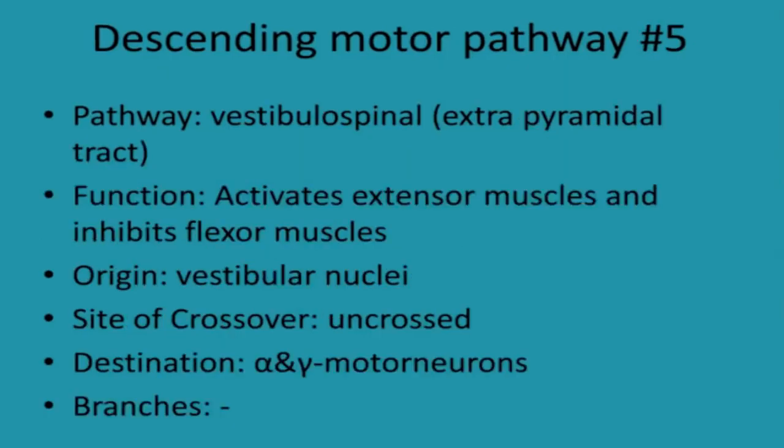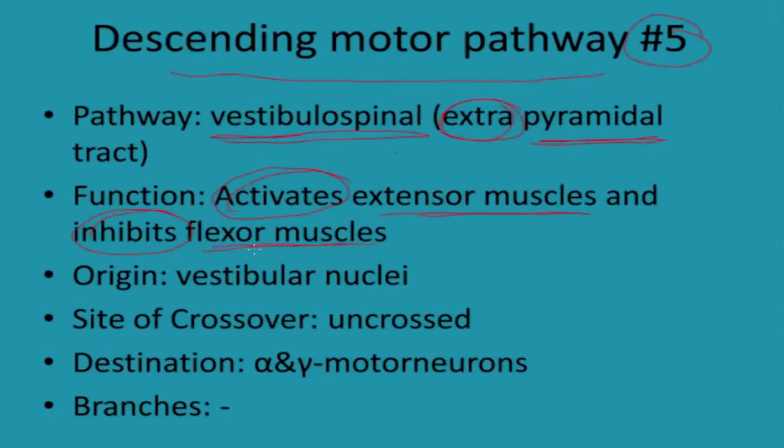The next pathway I would like to talk about is descending motor pathway number 5. It's called the vestibulospinal pathway, and again, it is an extrapyramidal tract. Its function is to activate the extensor muscles and inhibit the flexor muscles.